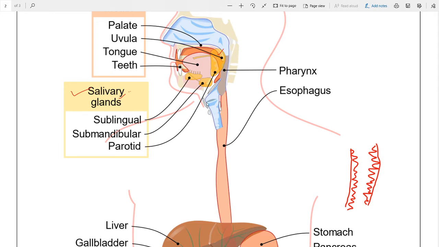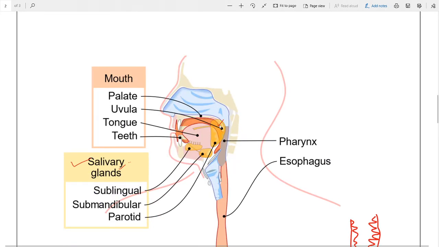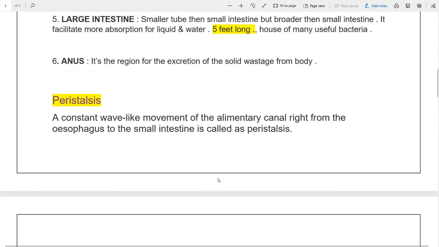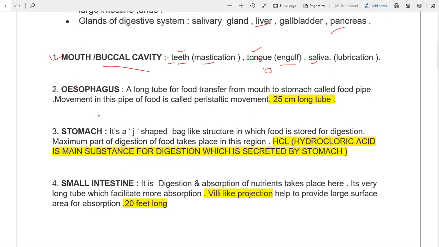Mandibular means jaws, so submandibular means below the jaws. And the parotid glands are at the sides of the mouth. These three salivary glands secrete into the mouth, and this keeps the mouth lubricated for easy ingestion of food.